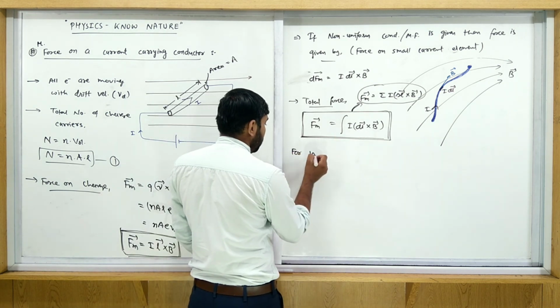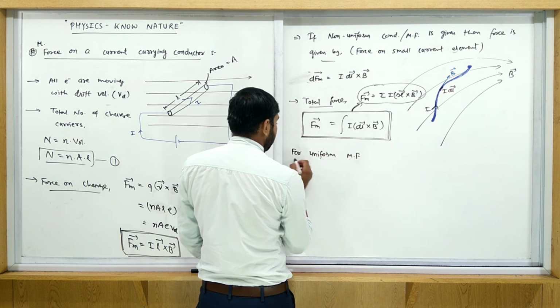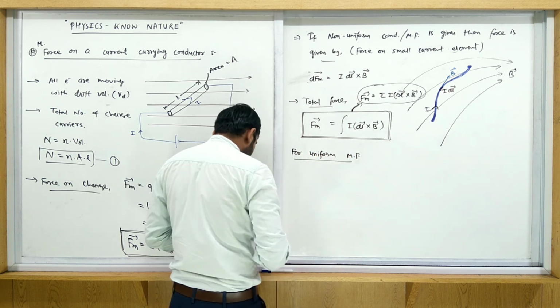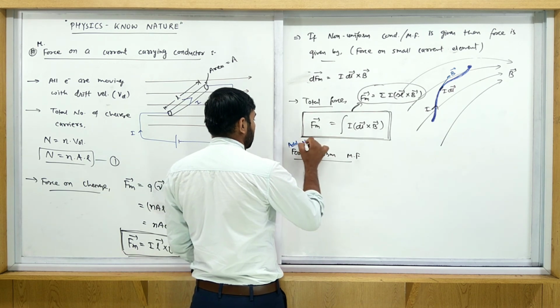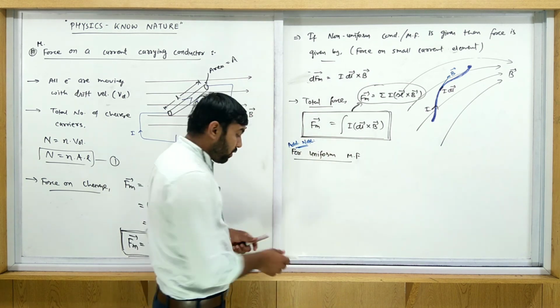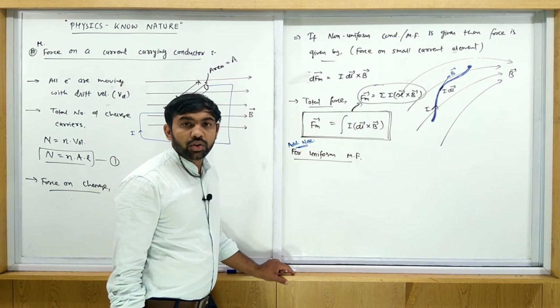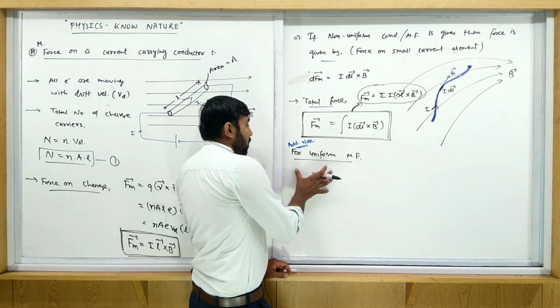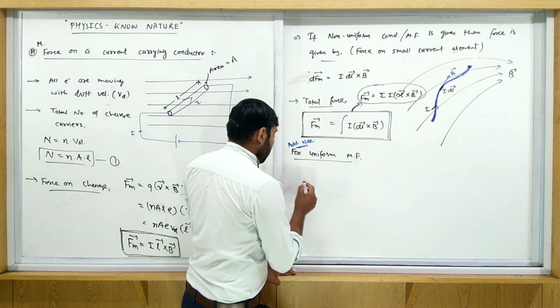For a uniform magnetic field, write this topic in your additional notes. If you place any non-uniform conductor in a uniform magnetic field, then what happens?